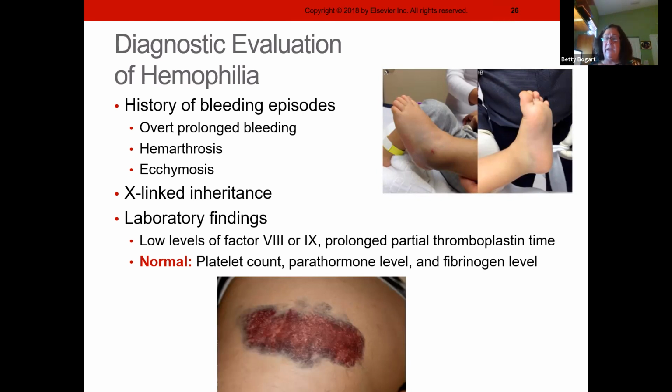Heparin, we evaluate by monitoring the PTT, the APTT in the laboratory. So those are things you would see. Now, the platelet count is going to be normal. And then these other levels, like prothrombin time and fibrinogen, also have to do with bleeding. But to know hemophilia, it is the factor and a prolonged PTT. The rest is normal.